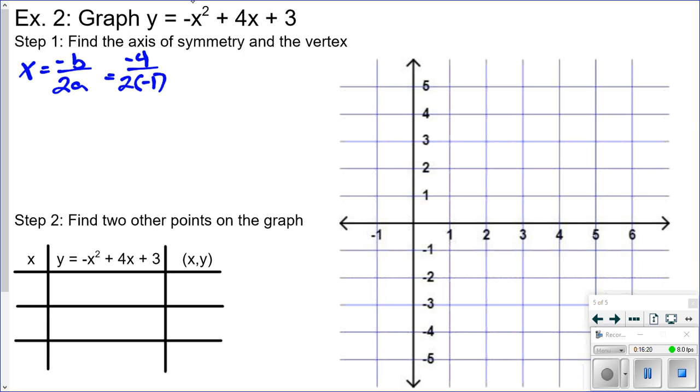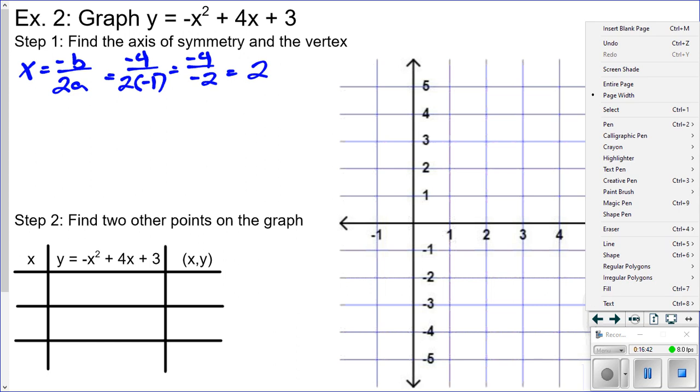Again, the coefficient on the x², there's a 1 there that's not written. So the coefficient is -1. So that's my a value. So that gives me -4 over -2. So -4 over -2 is +2. So my axis of symmetry is at +2.